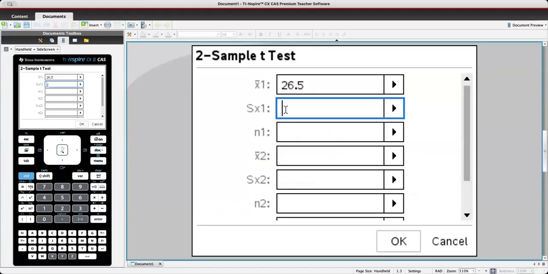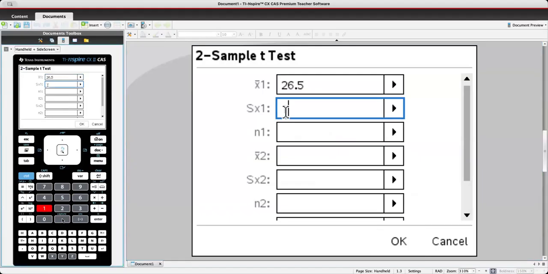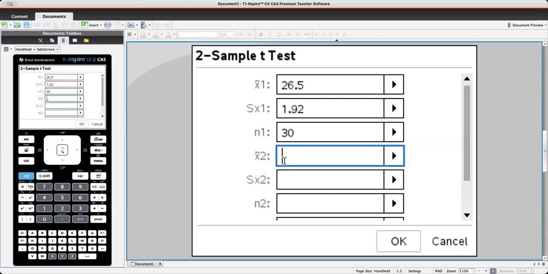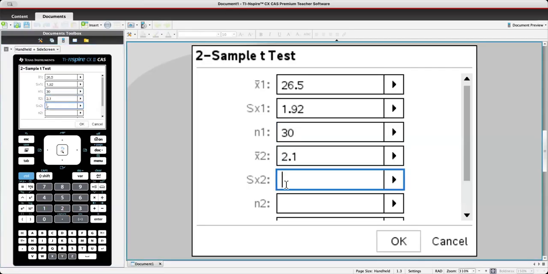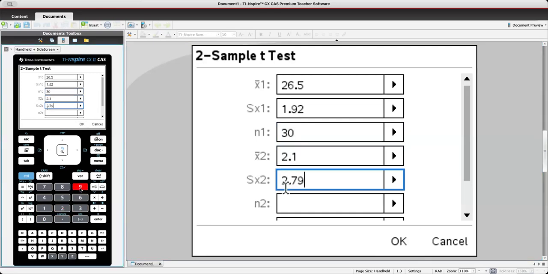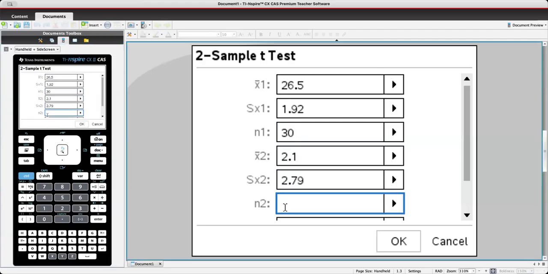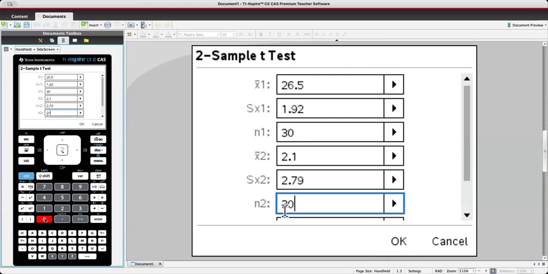Standard deviation was 1.92. The group was 30 and the X bar 2 was 2.79 and the second group was also 30.